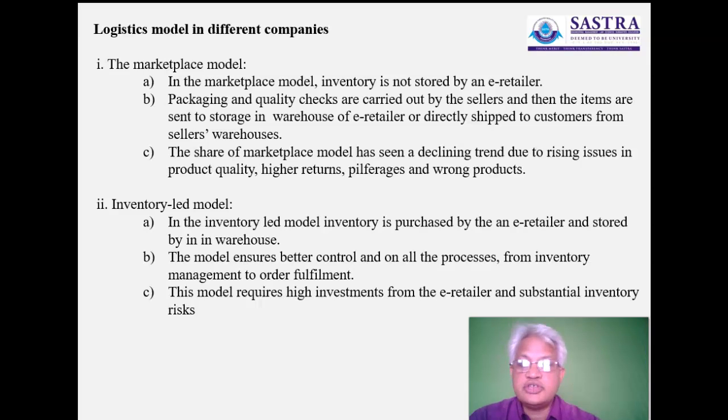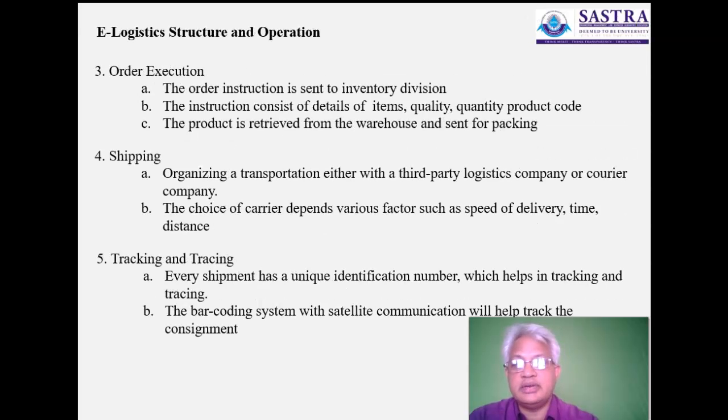So this completes the order processing system and the inventory management. Now we'll go to the third element, that is order execution. The order execution consists of certain steps. Once the order is confirmed and payment is made based on the payment terms, whether it's B2B or B2C, the order instruction is sent to the inventory division.